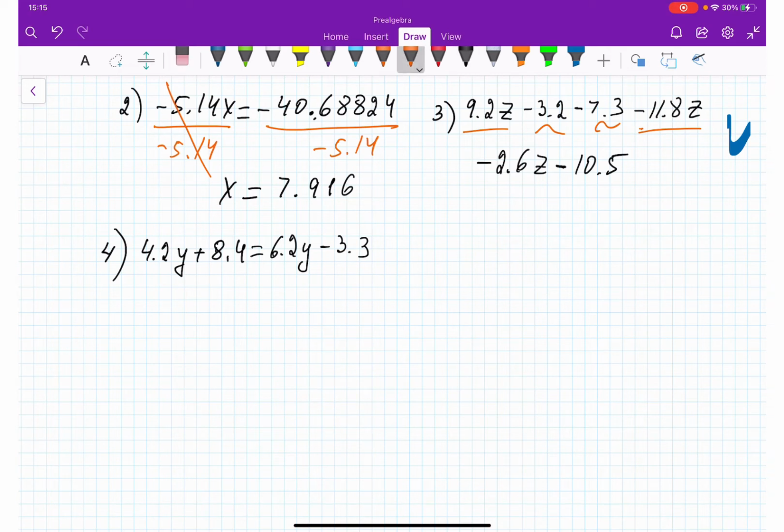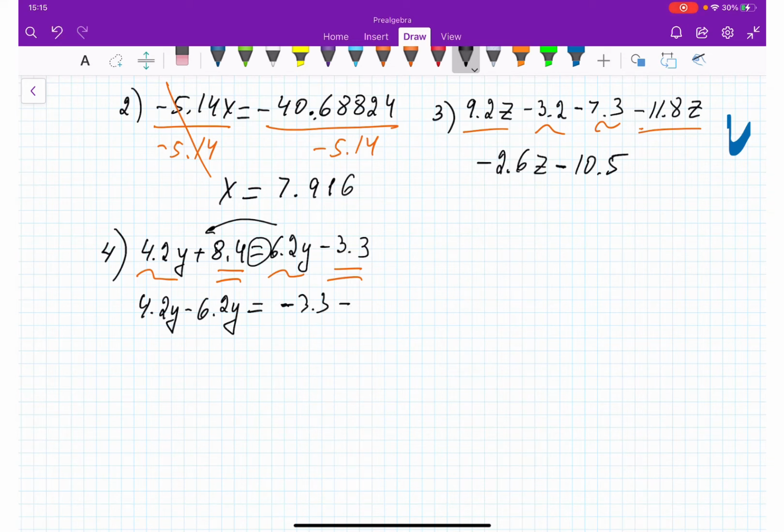So, like terms, this one, 8.4, negative 3.3. All right. So from here, what do we get? 4.2y minus 6.2y, because I'm moving over this bridge, right? Equals negative 3.3 minus 8.4. Yes?